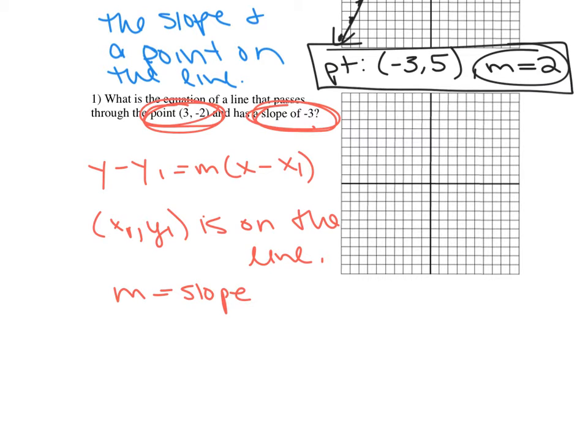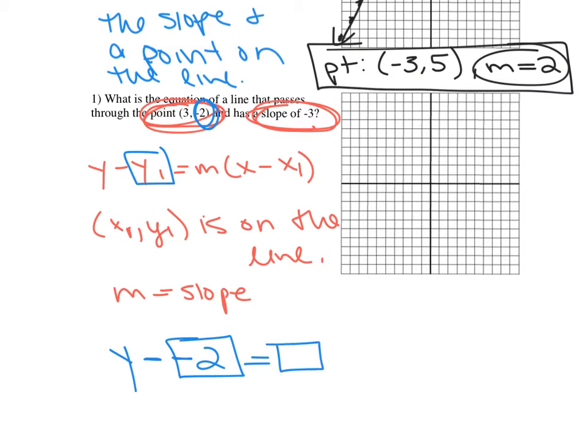So let's fill it in. I have y minus, well, here's my y1, minus 2 equals, right, because we're filling in for that y1, equals m, and my m value here is negative 3 times x minus x1 goes here, filling in for the x1, and my x value is 3.